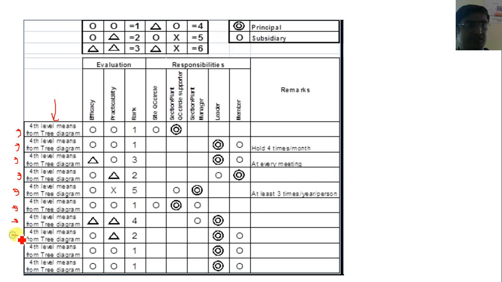With the help of the tree diagram you can place each and every one of these means. Here there are a total of 10 fourth level means, placed with the help of the tree diagram that we have already studied in our previous lectures.